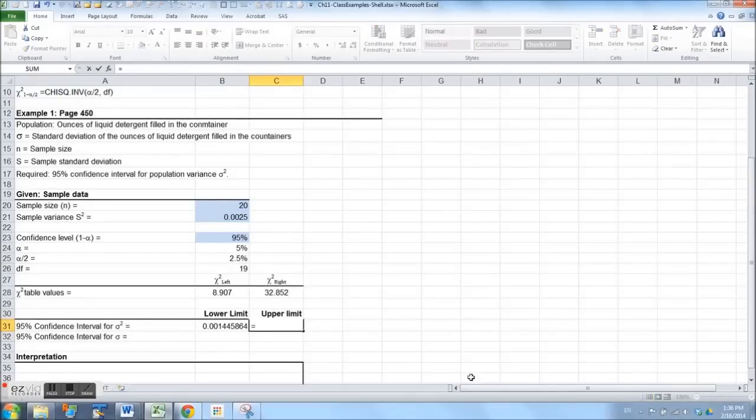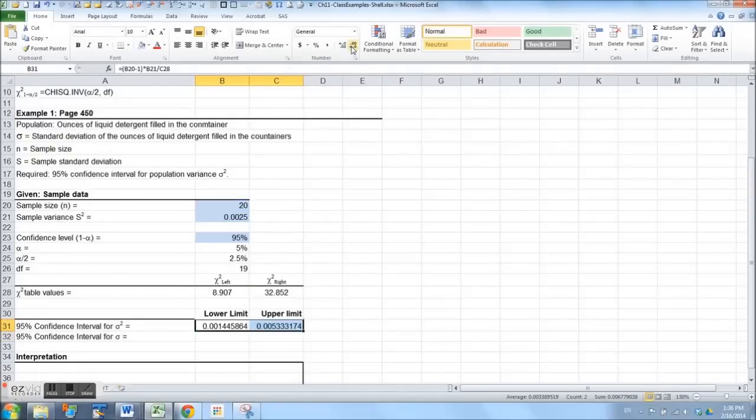And n minus 1 times S squared divided by the chi-squared on the left will give you the upper limit.